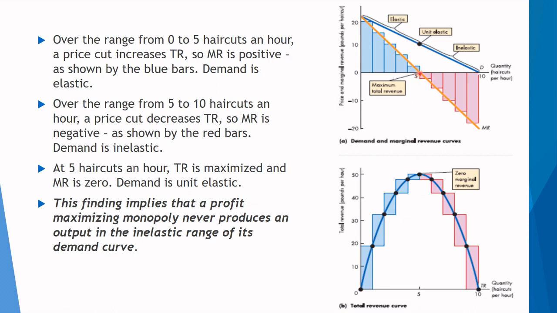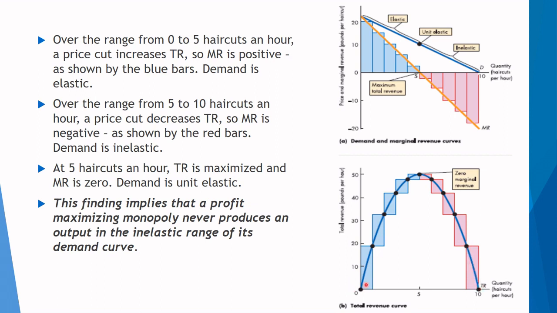Marginal revenue is crossing the quantity axis. For the level of output 5 to 10, our marginal revenue is negative. This is the inelastic part of your demand curve, and as a result, total revenue over here is falling. Your total revenue is decreasing.